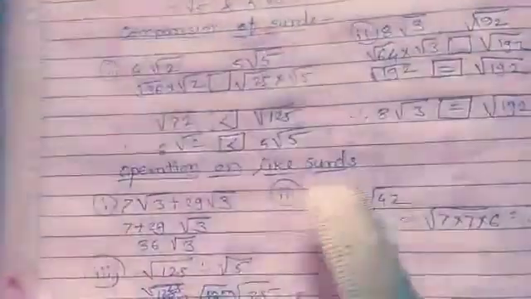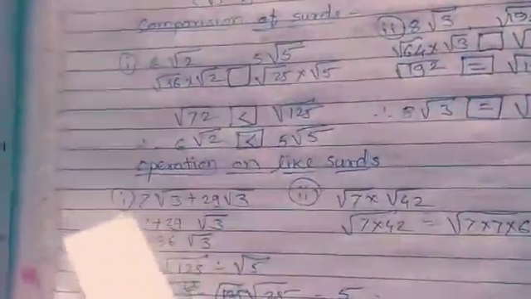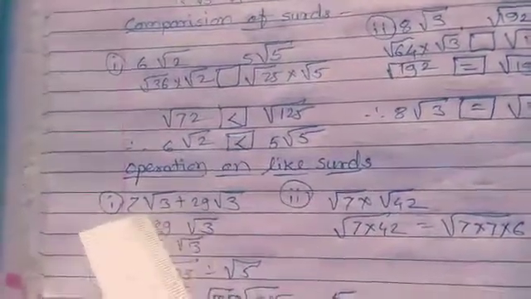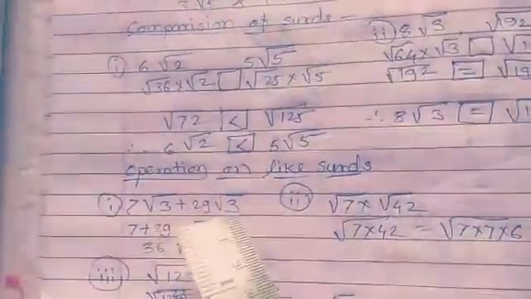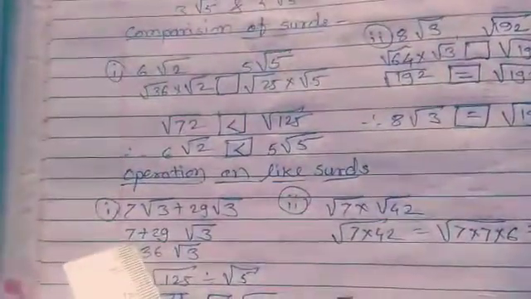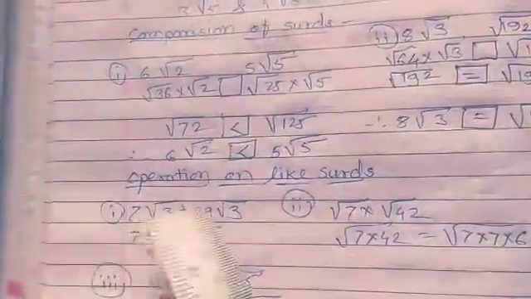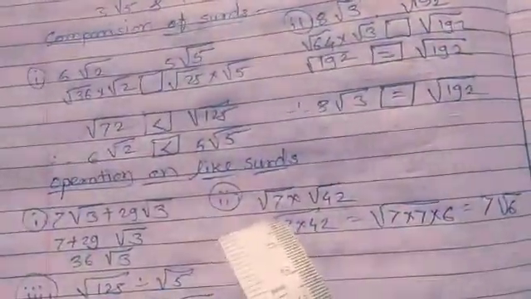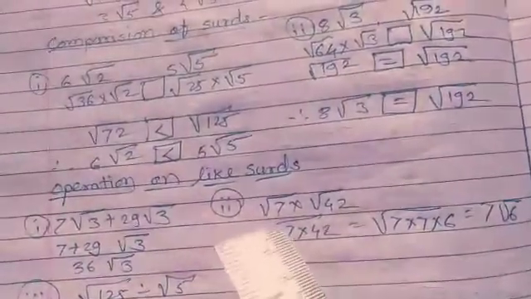Operations on like surds. Here, addition. Number 1: 7 root 3 plus 29 root 3. 7 plus 29 means take this one, root 3. 36 root 3 is the answer. Now the second one is multiplication.